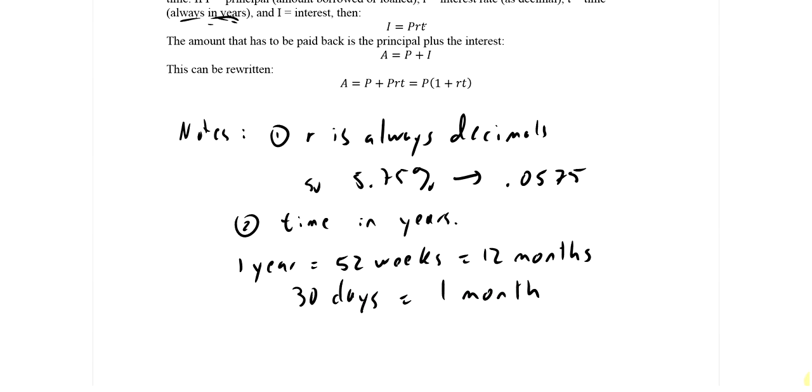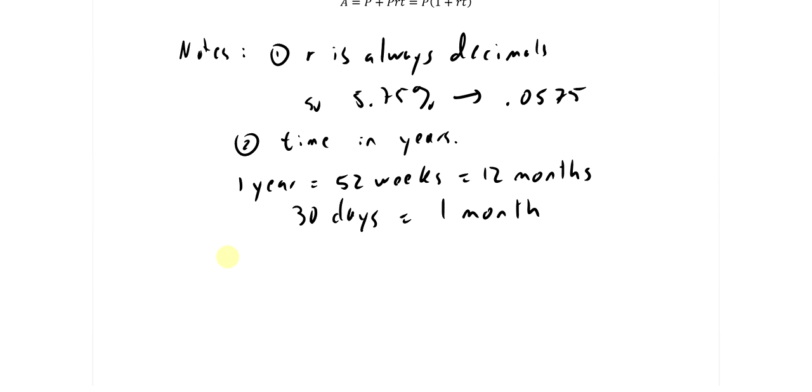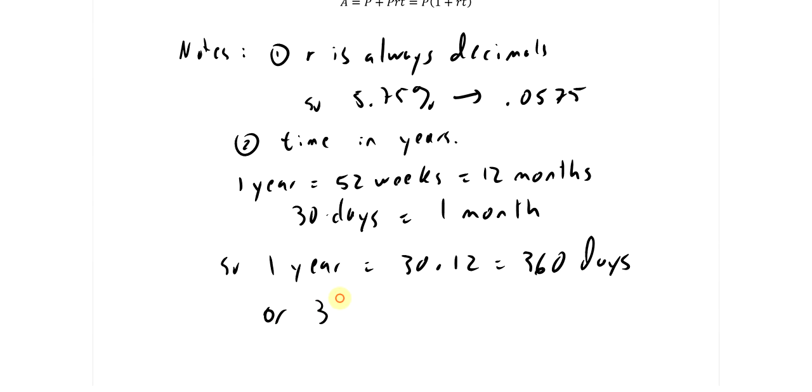With that assumption, we'd have 1 year is 360 days, right? 12 months times 30 days a month. We can use either one: 1 year is 360 days, or 1 year is 365. The book does 360 for a bunch of problems, but either one is fine.